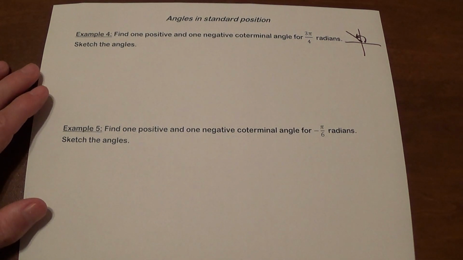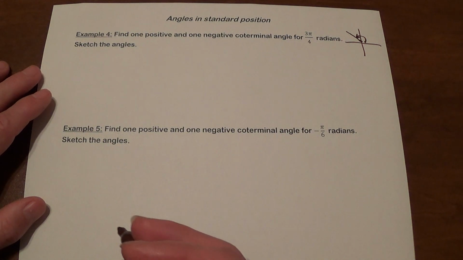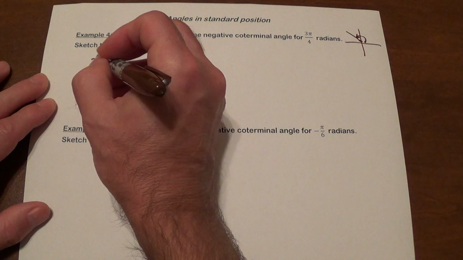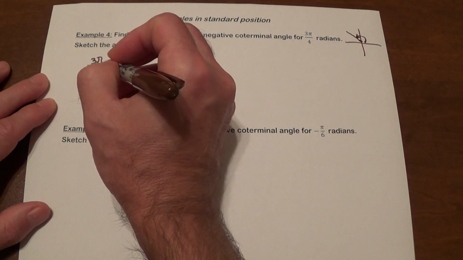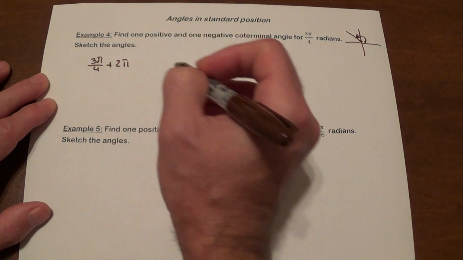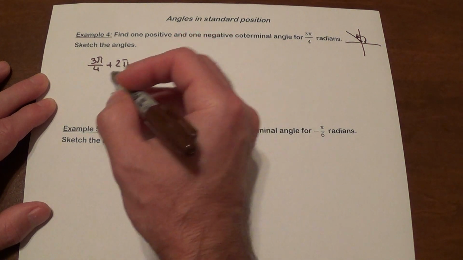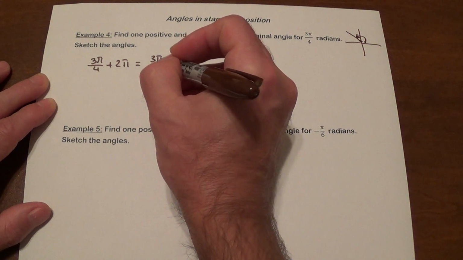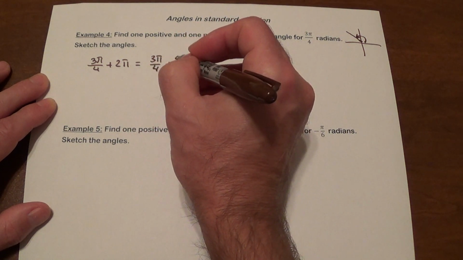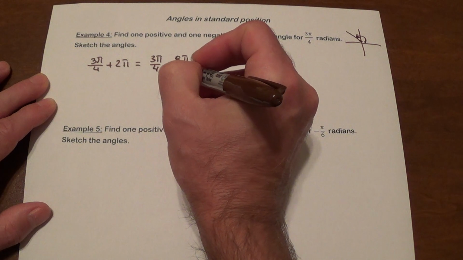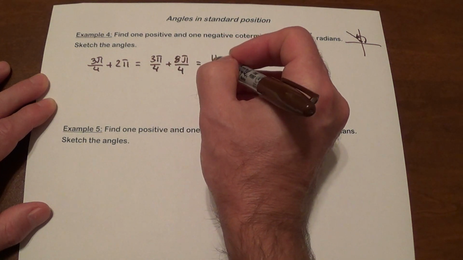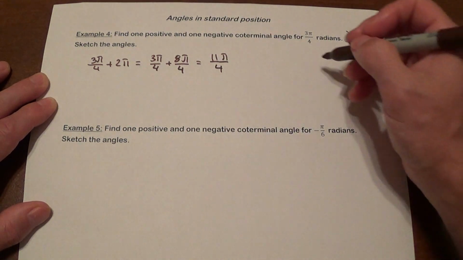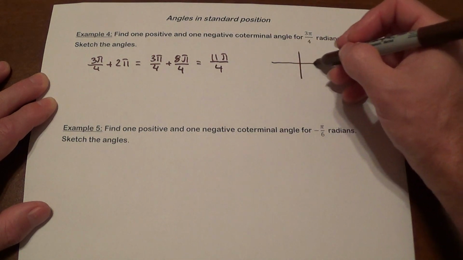Okay. So since we're working with radians, we're going to have to add or subtract 2 pi. So let's go ahead and start with 3 pi over 4 plus 2 pi. So we're going to need to add fractions, so that's 3 pi over 4 plus 8 pi over 4, which is what 2 pi is going to be, and that's 11 pi over 4.